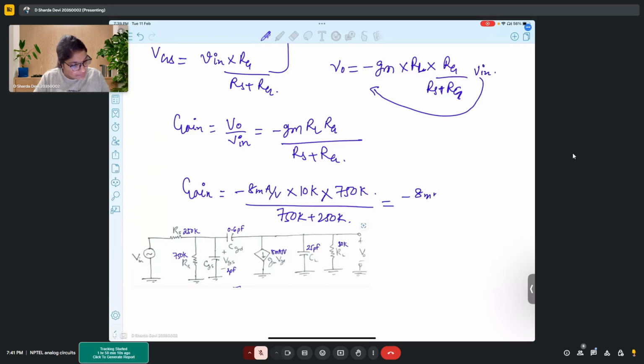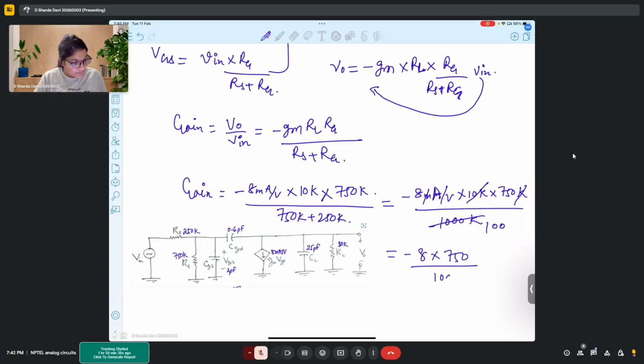So minus 8 milliampere per volt into 10K into 750K by 1000K. Here we are left with 100, and this K cancels with this milli, so this is minus 8 into 750 by 100.